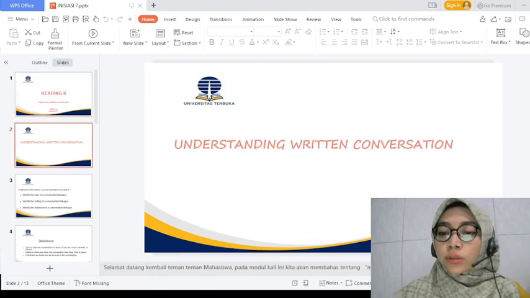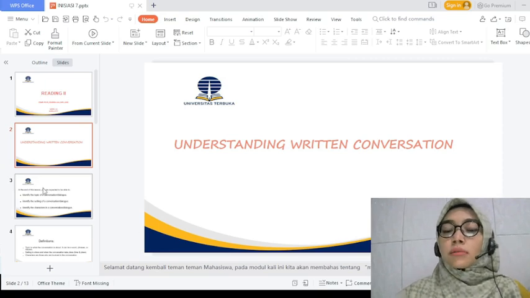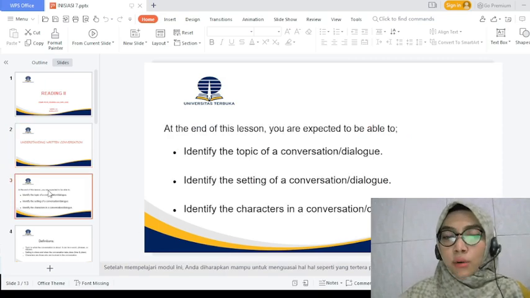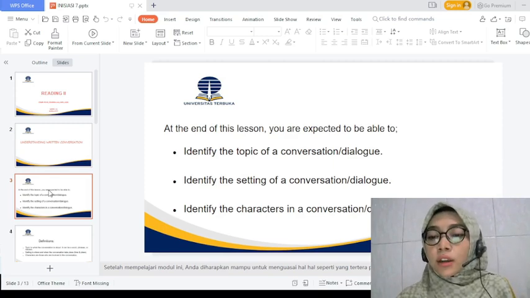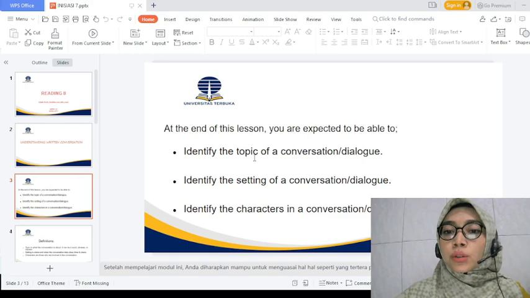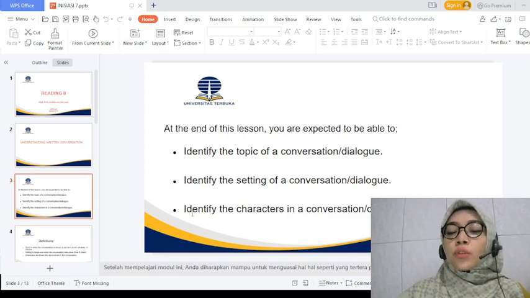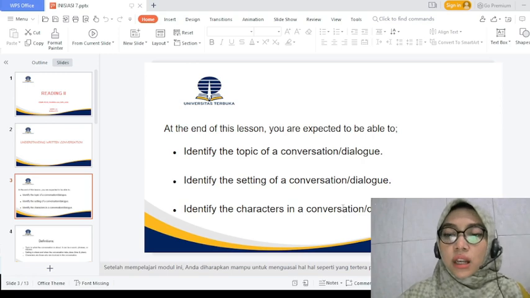Today we are going to discuss one material about understanding written conversation. By the end of this lesson, you will be able to identify the topic of the conversation, identify the setting of a conversation, and the last one, you will also have the ability to identify the characters in a conversation.